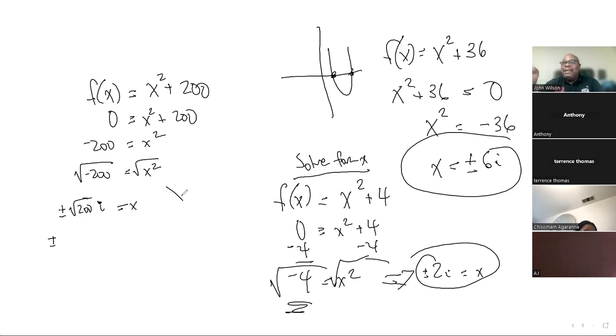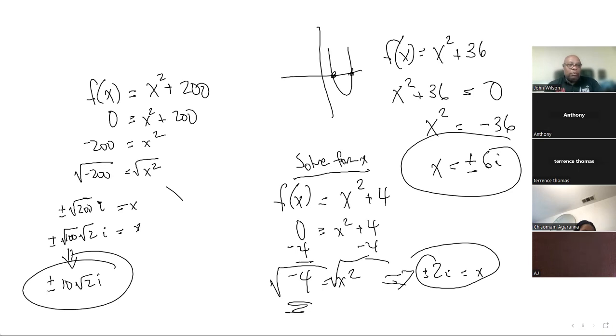Right, 10. So you say the square root of 100 times the square root of 2 times i equals x. See it? So what's the square root of 100? 10. Plus or minus 10 square root of 2i. That's the answer teachers will want.